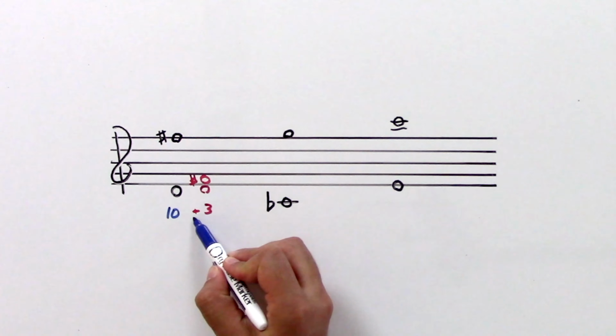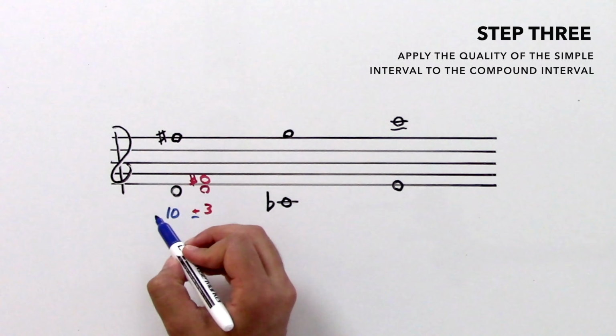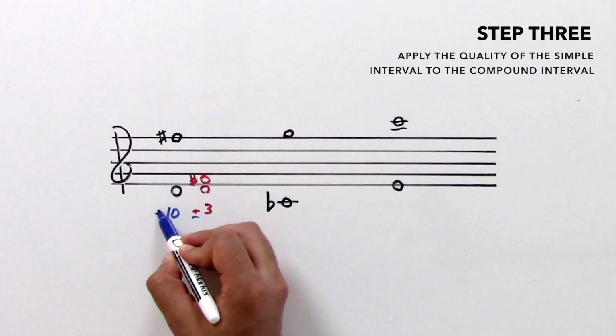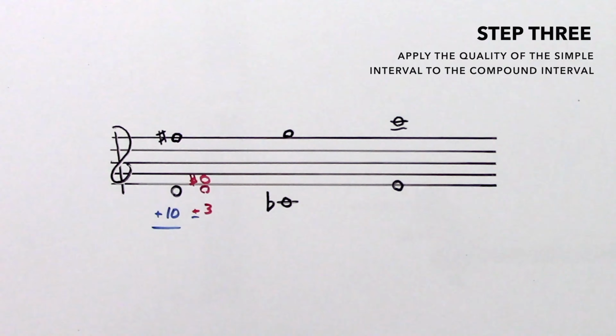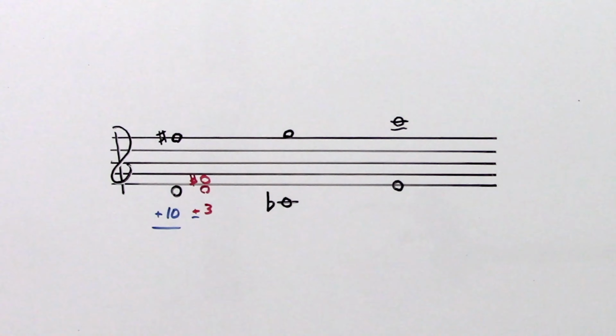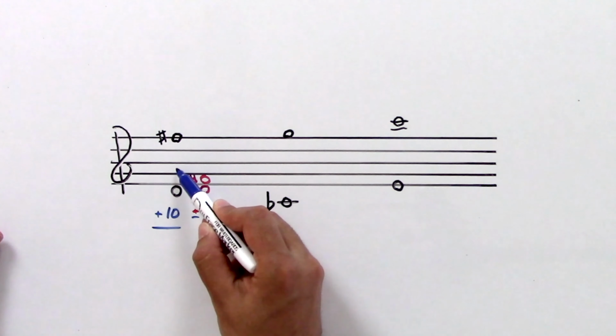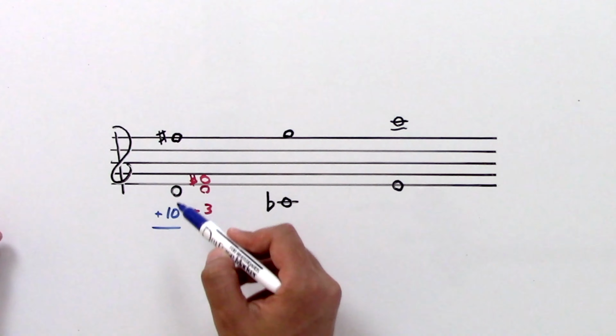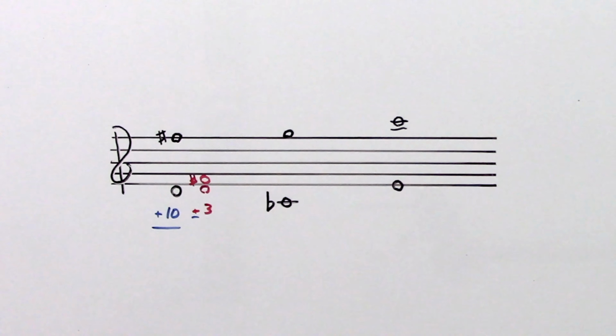Because this is a major third, we know for sure that this is a major tenth, and now we have the correct intervallic label for this compound interval. That was a lot faster than actually counting 1, 2, 3, 4, 5, 6, 7, 8, 9, 10. It is a tenth. You can count for proofreading after you're done your exam, when you have extra time.